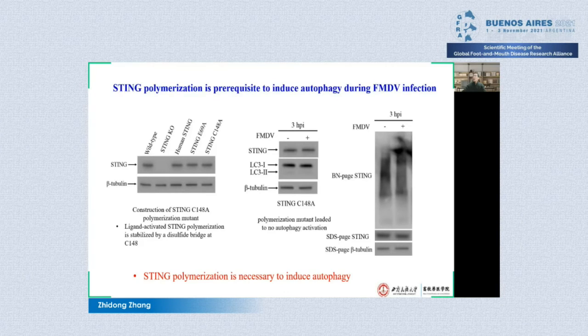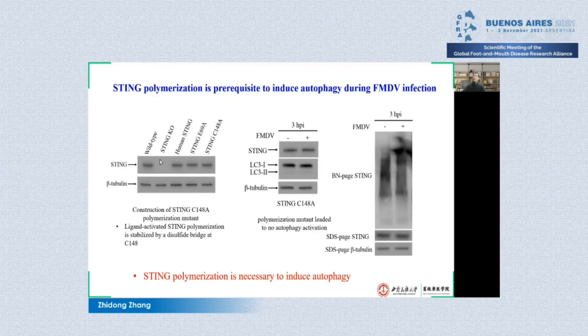So we hypothesized that STING polymerization participates in regulating activation of autophagy. To test that, we reconstituted STING C148 mutants in the STING knockout PK15 cells.